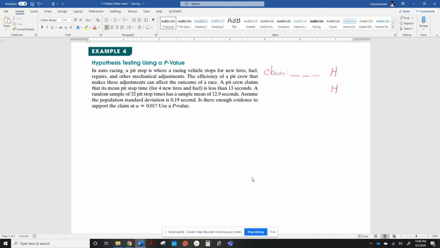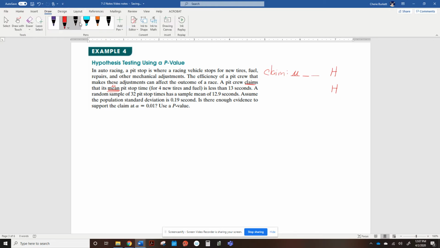In auto racing, a pit stop is where they explain what a pit stop is. There's the word claim. A pit crew claims that its mean, so I'm going to be using mu, its mean is less than 13 seconds.